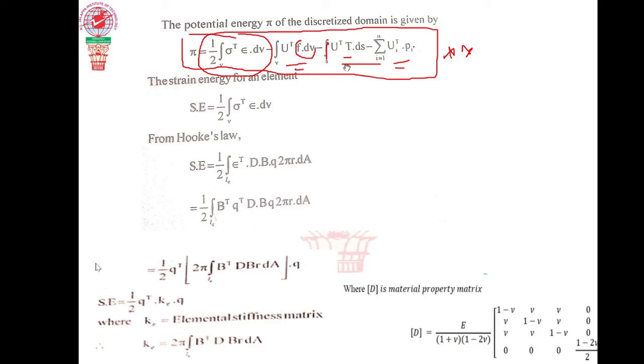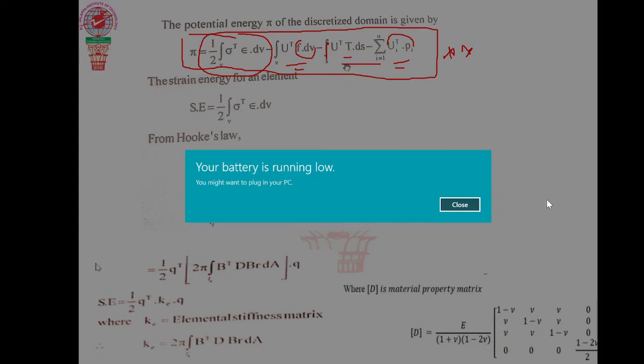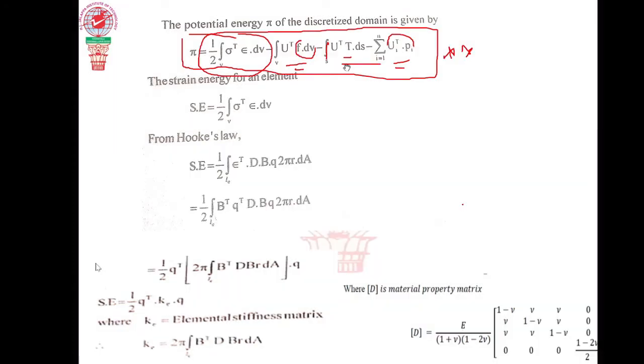But in the case of point force, we do not integrate because it acts at a discrete point. Therefore we sum it, like u1 p1, u2 p2, u3 p3. If we add all those work potentials over the number of points acting, we get the total. That is why summation sigma is used here.